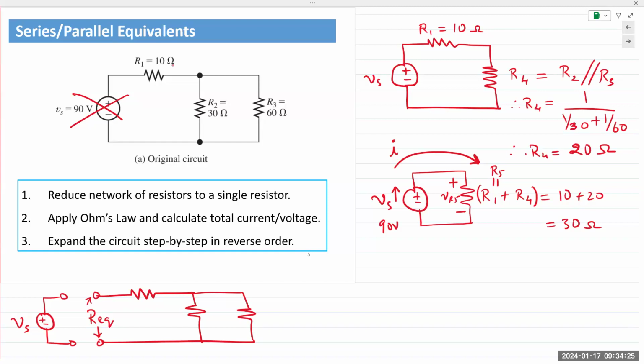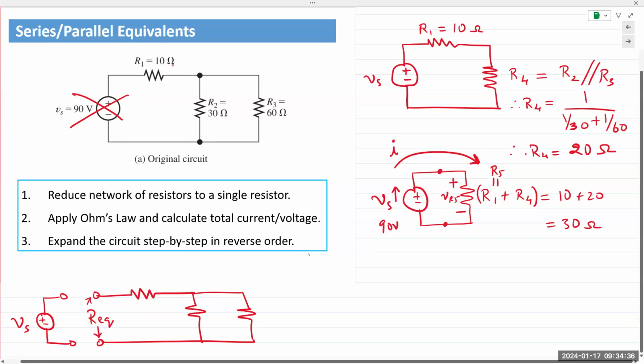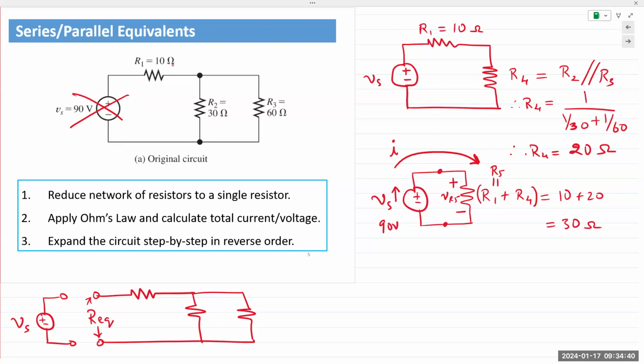Okay. So if they're in parallel, you have the same two nodes. This is the exact same node that is shared between the voltage source and the resistance. And if it's in parallel, the voltage across those two nodes will remain exactly the same. So what can I say about VR5 and VS?